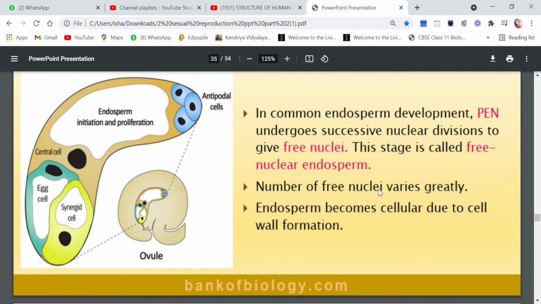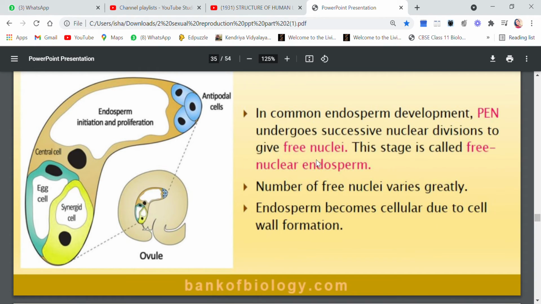The number of free nuclei varies greatly. Some may have hundreds, some may have thousands, some may have fifties. So the number will vary from fruit to fruit. Now these are free nuclei, which means only karyokinesis has taken place. Cytokinesis has not followed karyokinesis, so that is why they are free nuclei. After that, endosperm will become cellular due to cell wall formation.